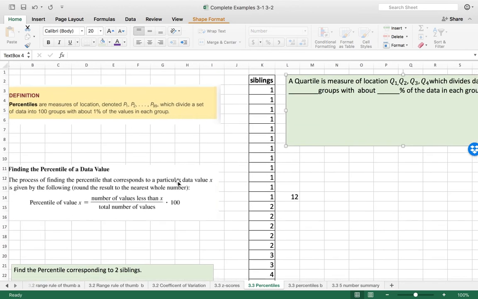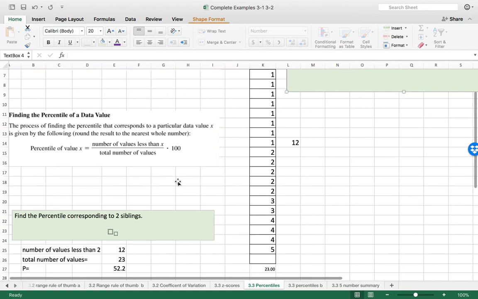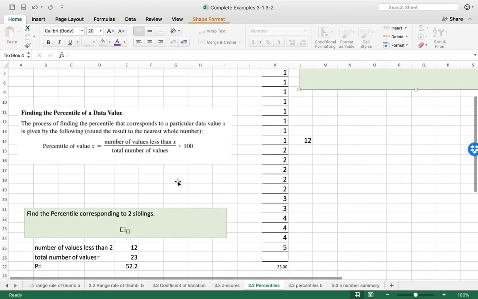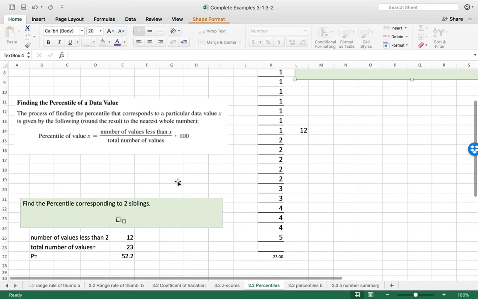So here we have the sibling list from our class, and the question given is: find the percentile corresponding to 2 siblings. Well, first we need to find the number of data values less than 2.